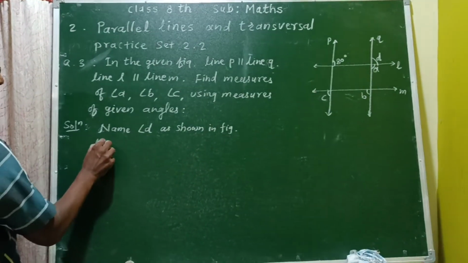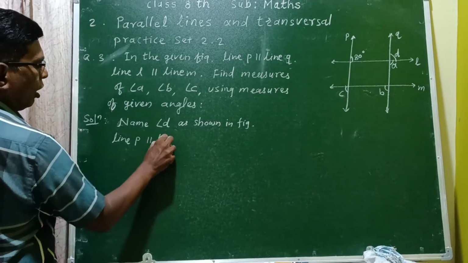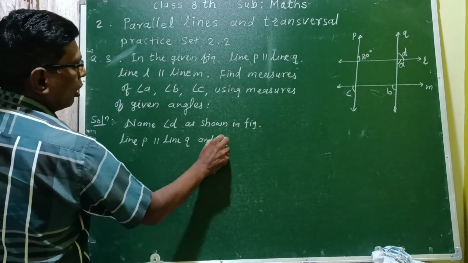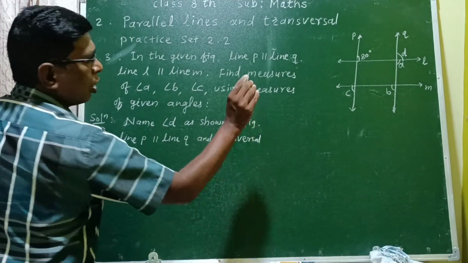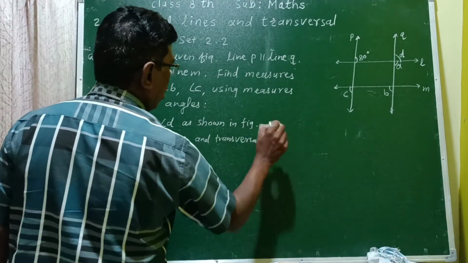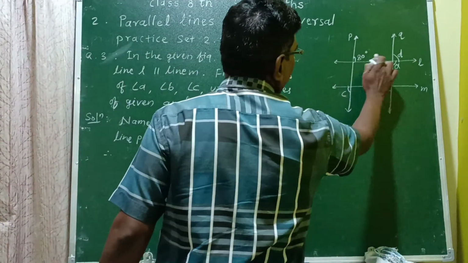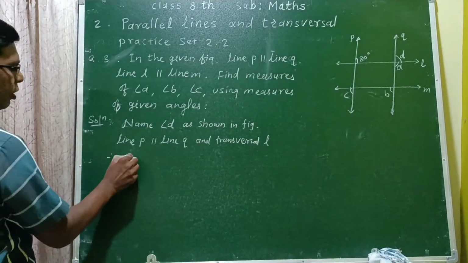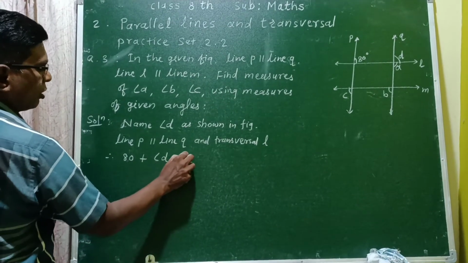Now, line P is parallel to line Q and transversal L. Therefore, angle D and the 80 degree angle are corresponding angles.